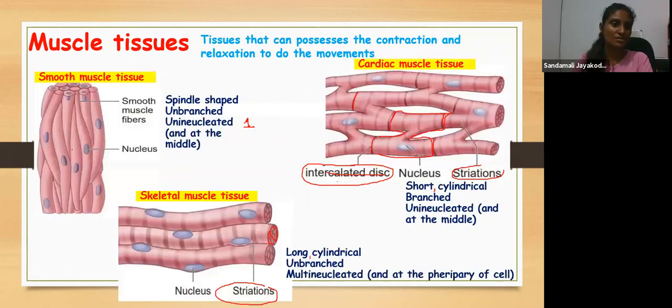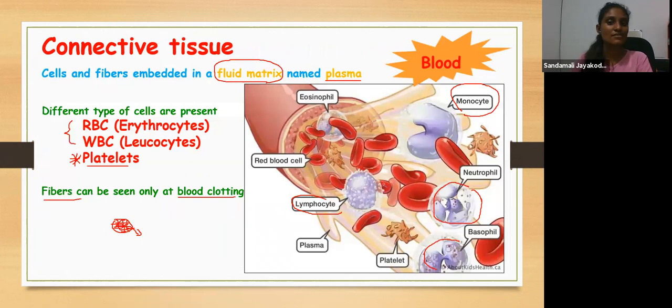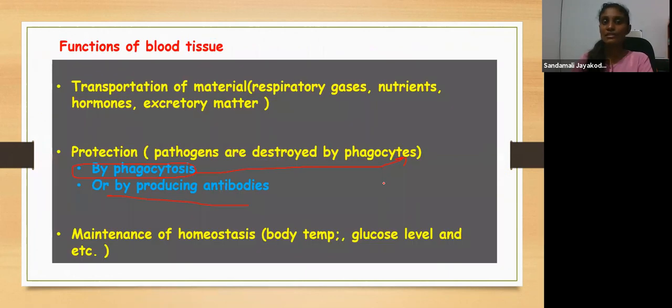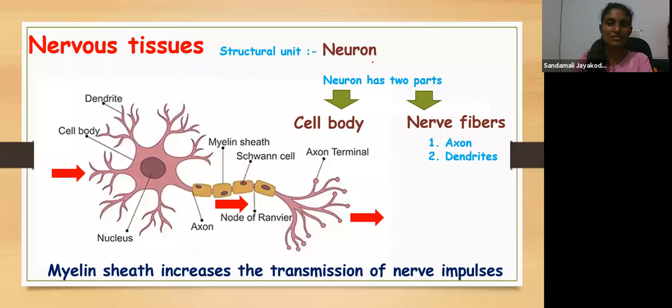They are the building blocks of all the tissues. And in case of blood tissue, there are different cells, not only one single cell. And here, in case of nervous tissue, it has a special structural unit, named as a neuron.